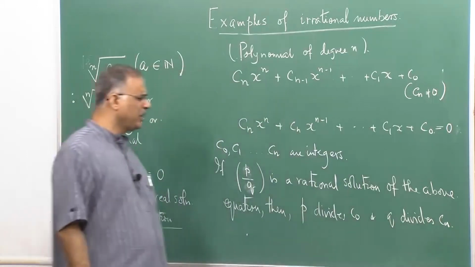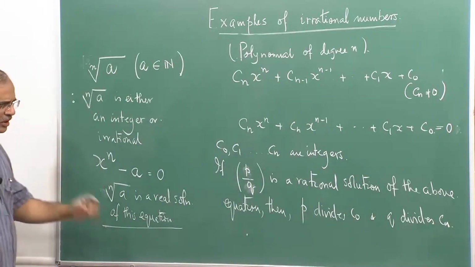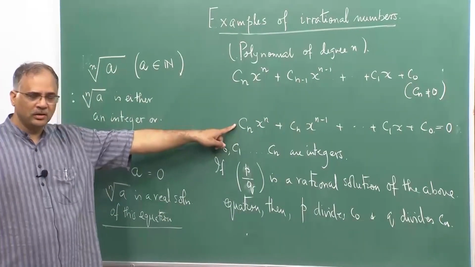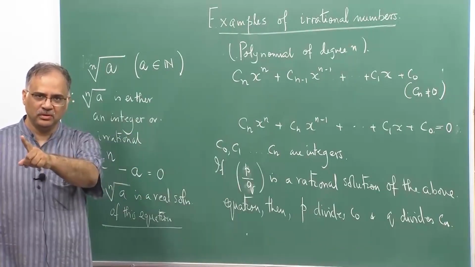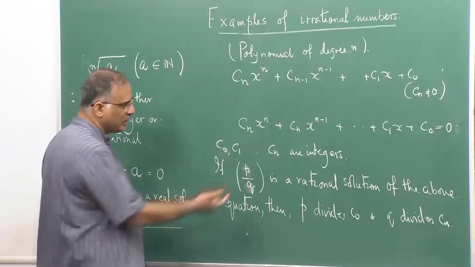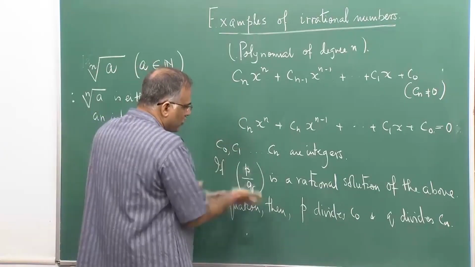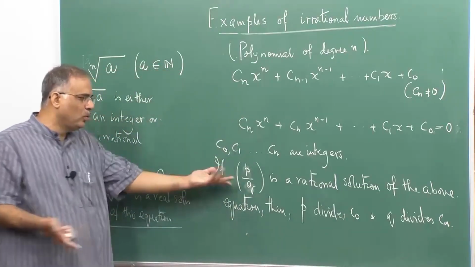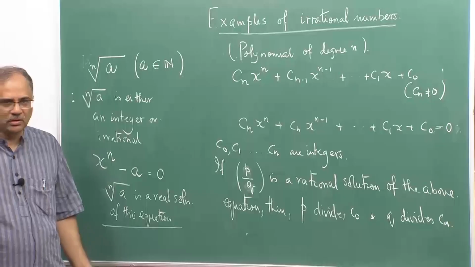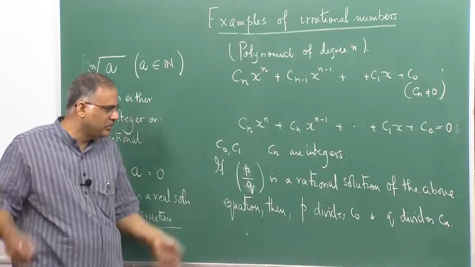So, from this we can make a very interesting conclusion that if Cn is equal to 1, then Q must also be 1, because there is no other integer which can divide 1. So, 1 or minus 1, it does not matter.